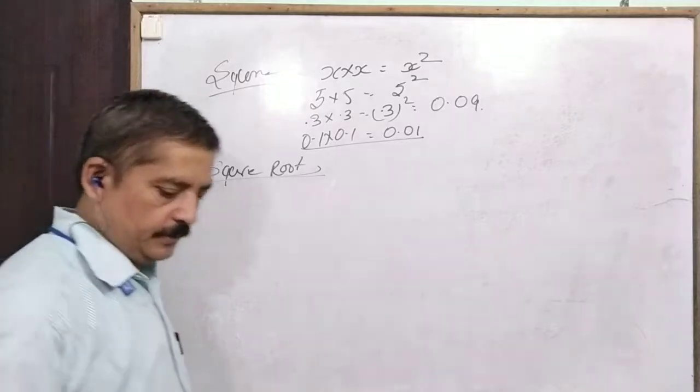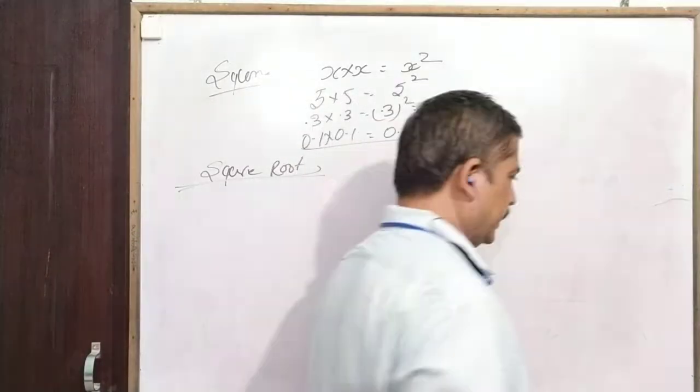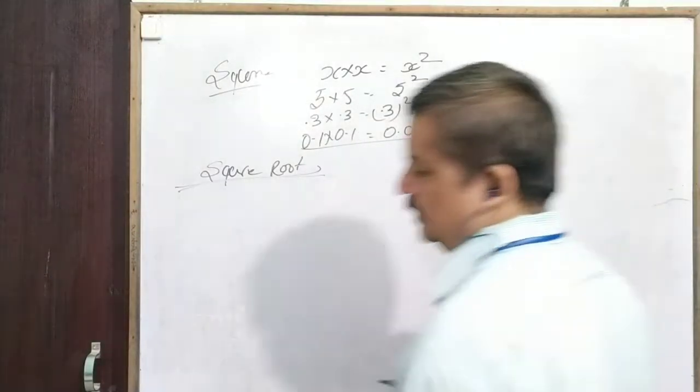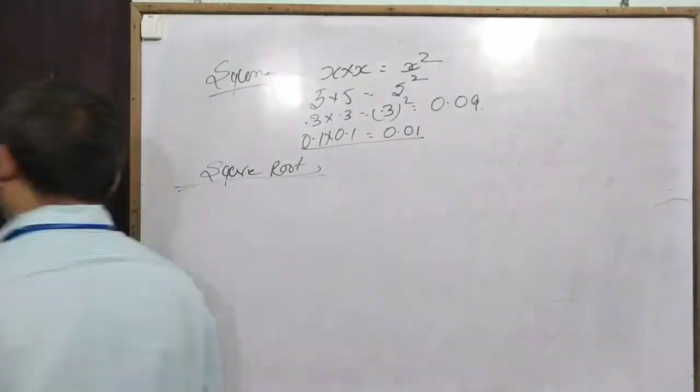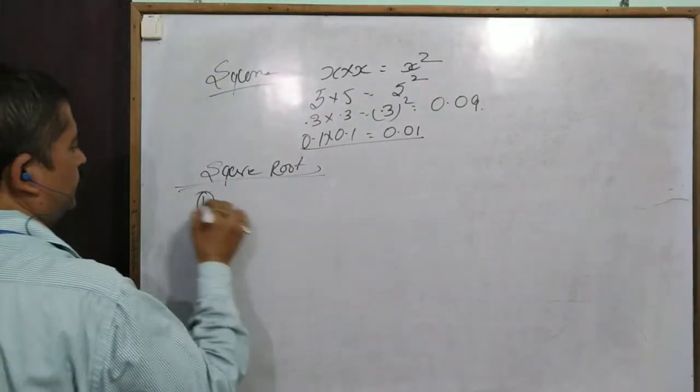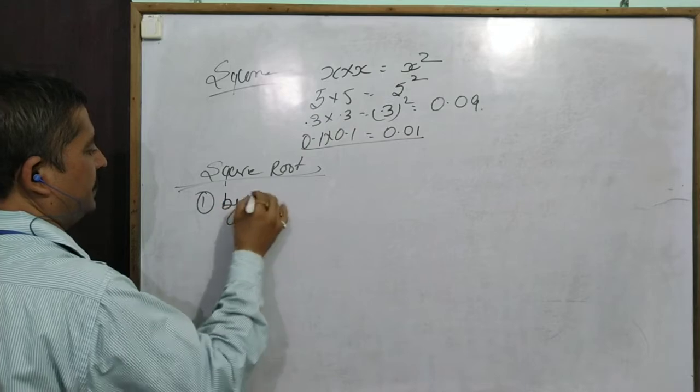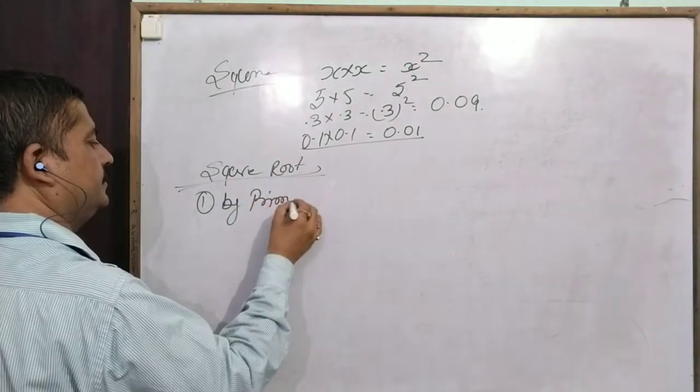In class 8 we studied about that: finding the square root by different methods. First, by the prime factorization method.